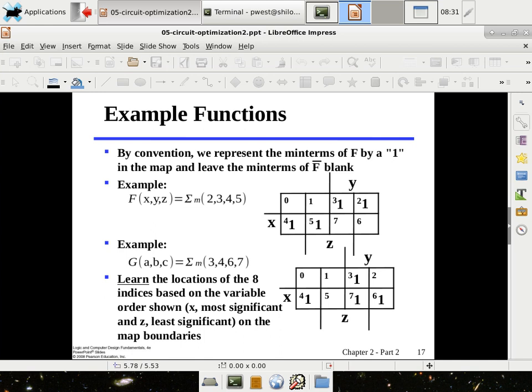So it would be X naught, Y, Z. Or X naught, Y, Z naught. Yep. Then X, Y naught, Z naught. Then you got X, Y naught, Z.